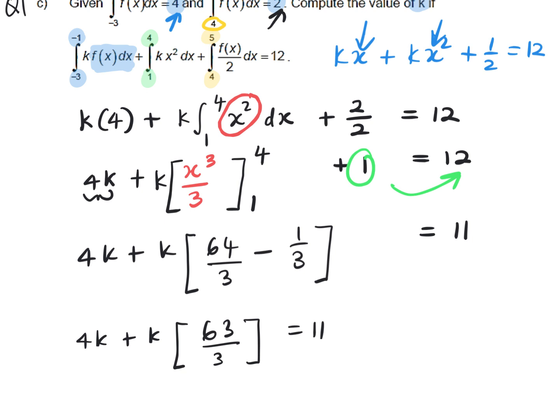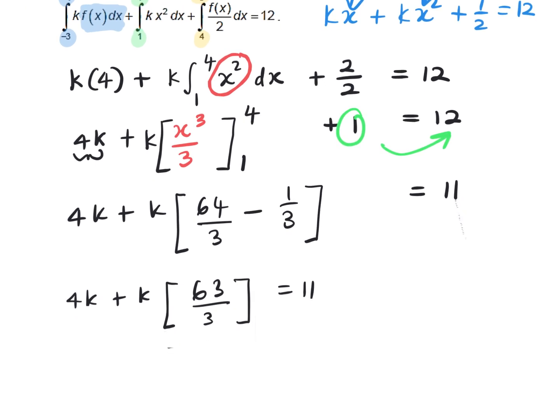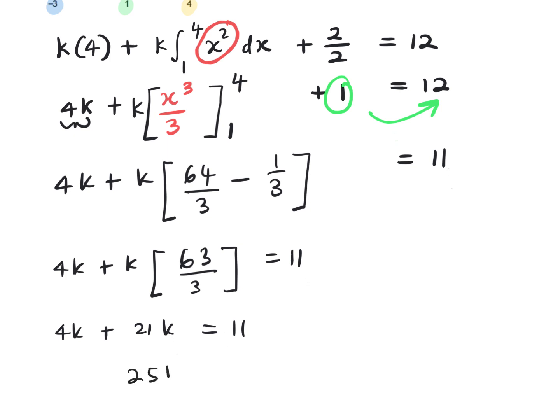Then 63k over 3 plus 4k. Simplified, that gives 21k. So 21k and 4k gives 25k. So 25k equals 11. So k should be equal to 11/25.